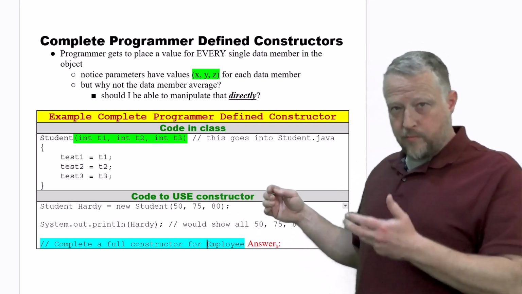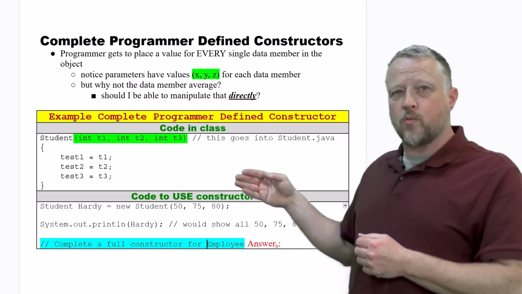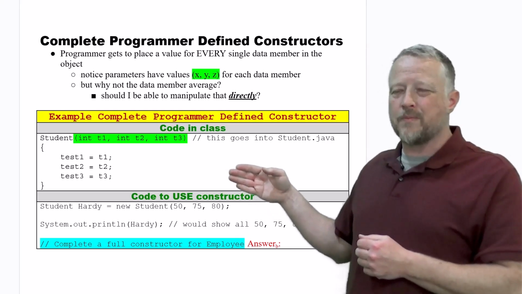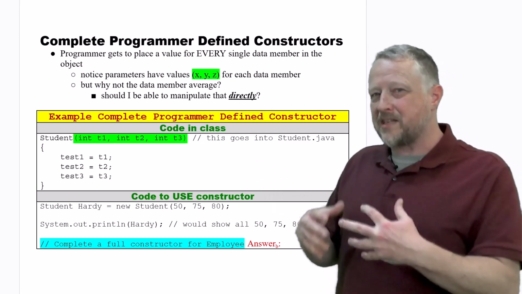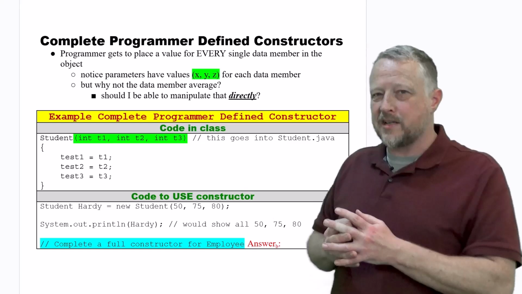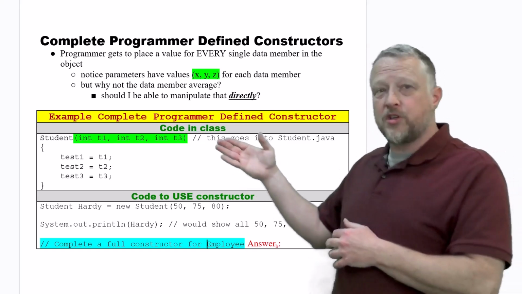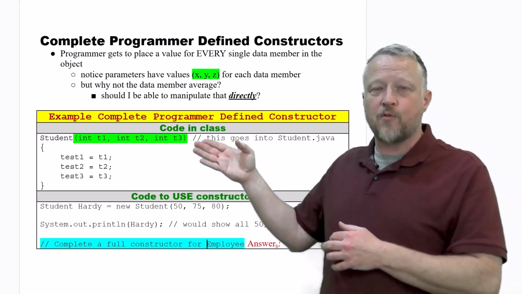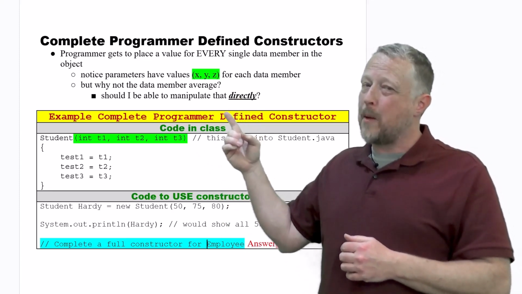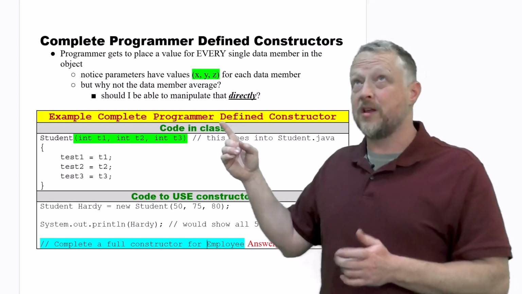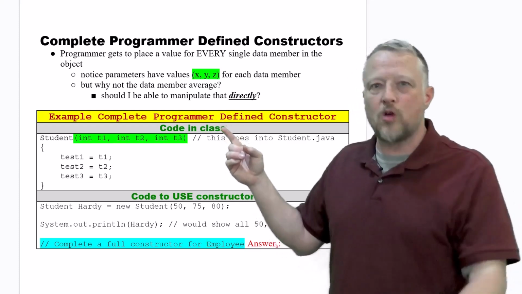Now, from the previous video you're probably thinking, wait a minute, where did average go? Well, do we want to directly set the average for an instance? Can't we just use the numbers that we have right here to have it determine the average? I really don't want to give somebody the ability to directly edit it.